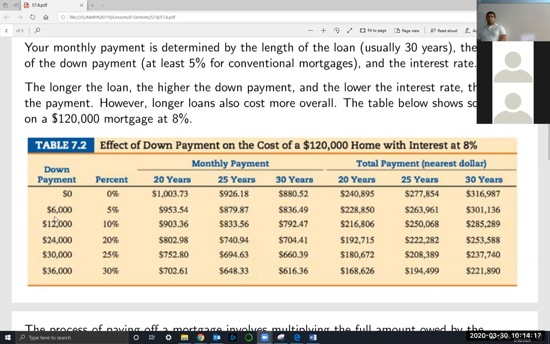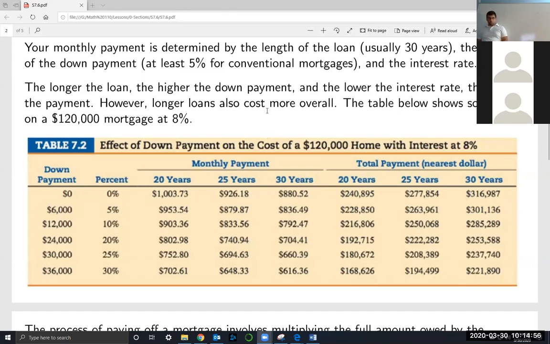Whereas if you put down the same amount and paid it off in 20 years, your total amount paid is only $240,000. So just by how long it takes you to pay it off, that considerably changes the overall cost that hits you. Look at the difference between these two columns, and it's kind of remarkable.